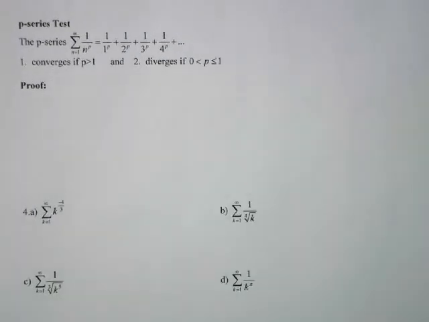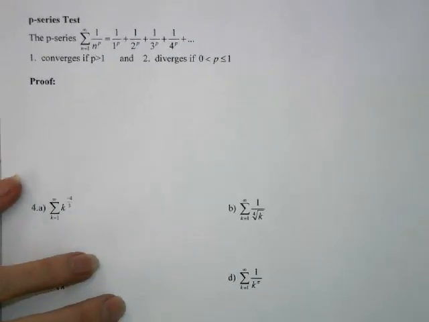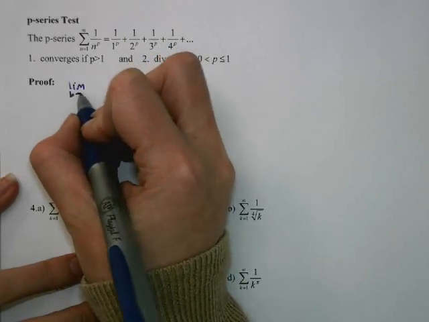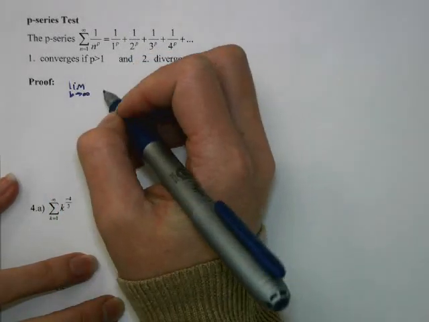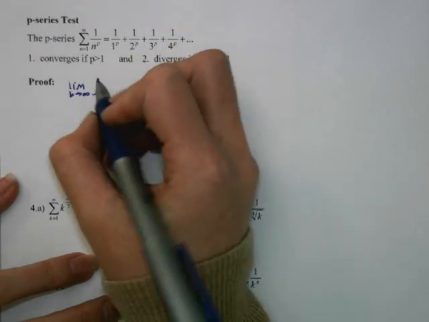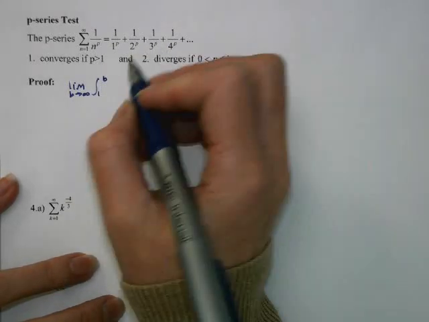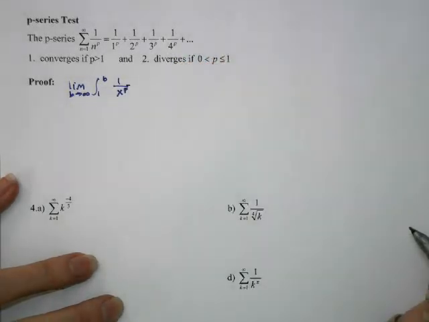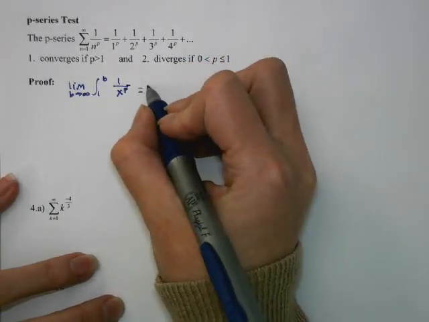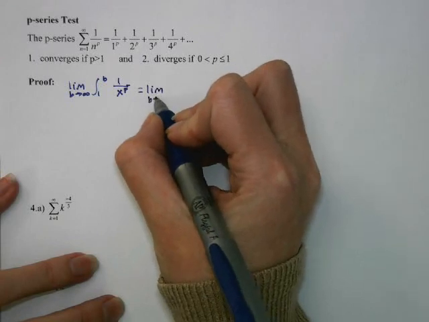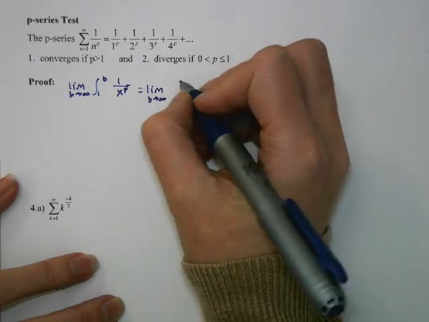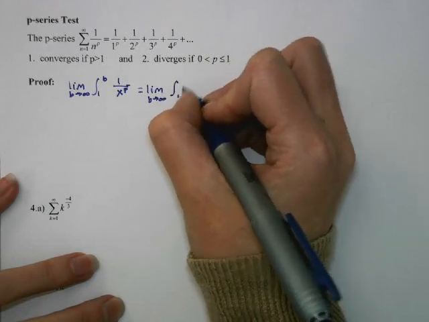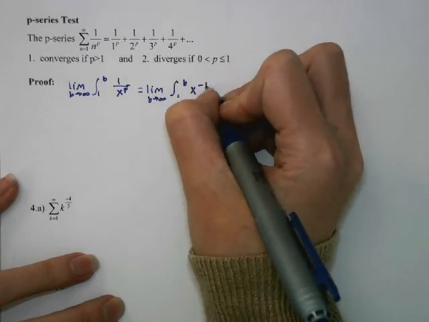So I'm going to do a quick proof for you using the integral test. And you actually have done this on one of your tests. Okay, so I've got this, which is the same as x to the negative p.